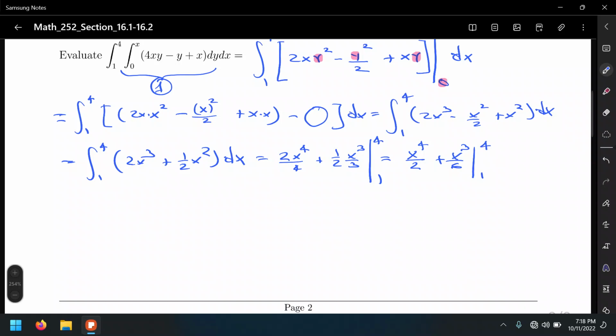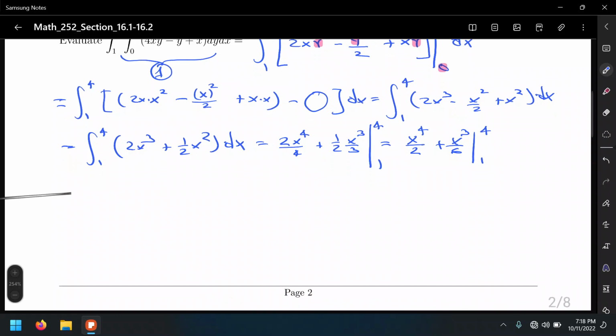And from here, let's apply the fundamental theorem of calculus. That's 4 to the 4th power over 2 plus 4 cubed over 6, that's the upper limit, minus 1 to the 4th over 2 and 1 cubed over 6.